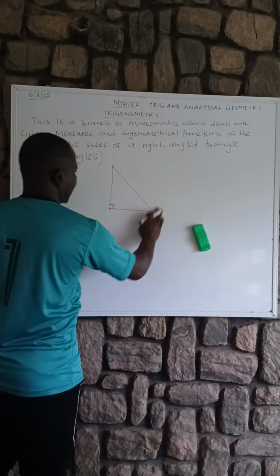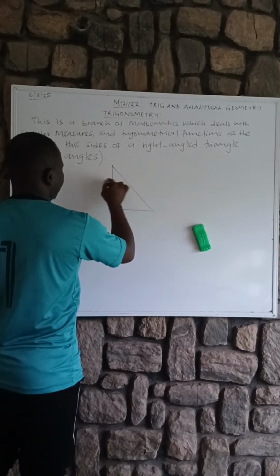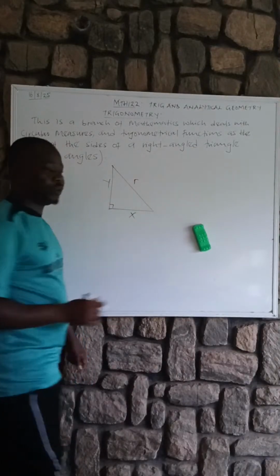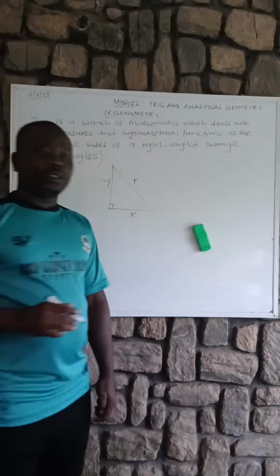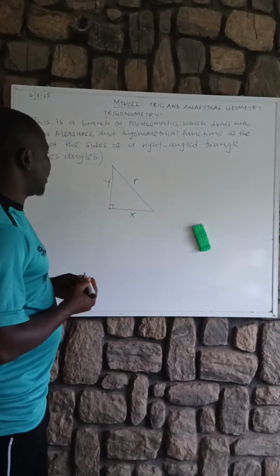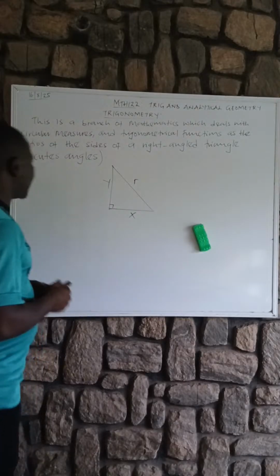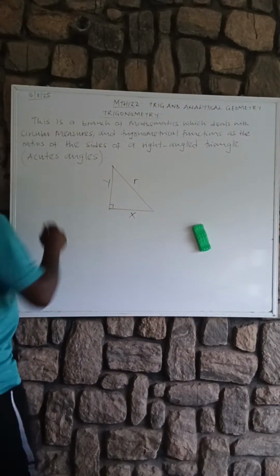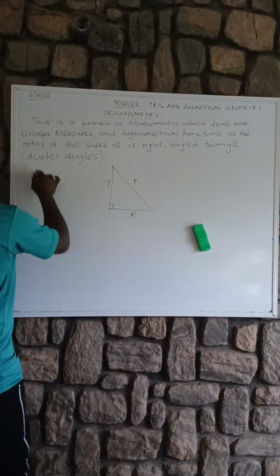We assume here to be Y, X, and R. True or not? It is true, right? Okay. So if you agree with me, let's recall back to our secondary school days.